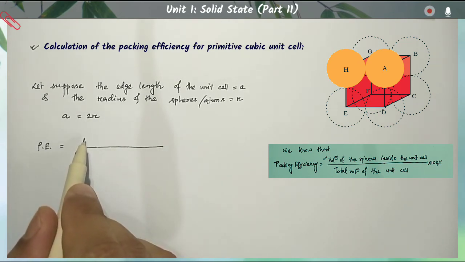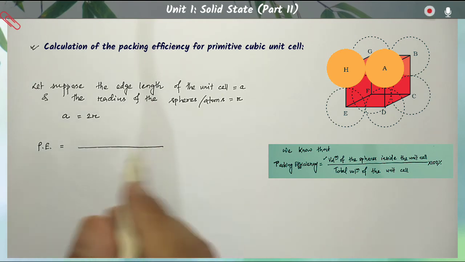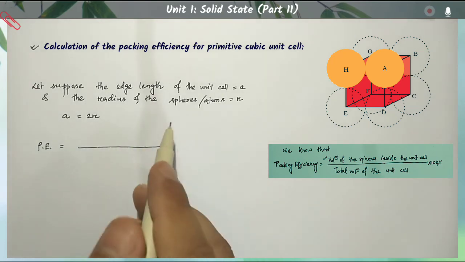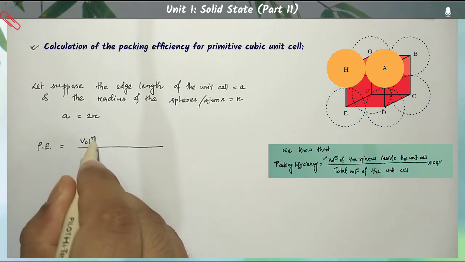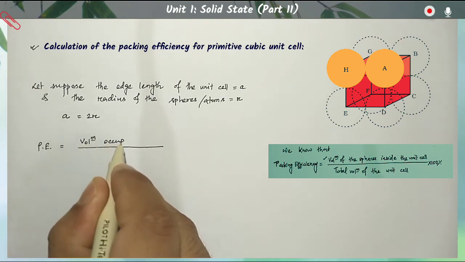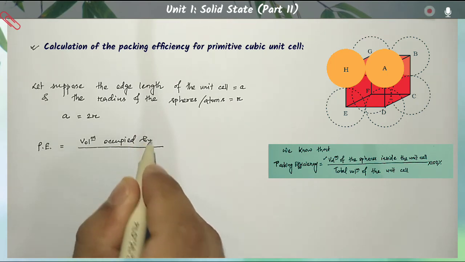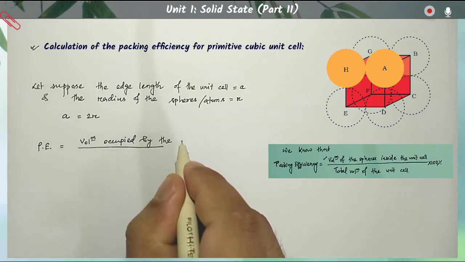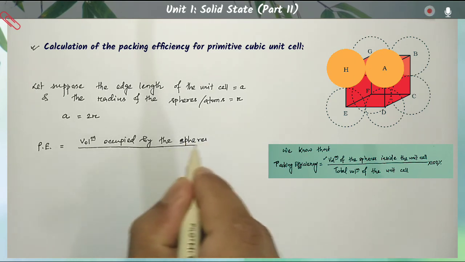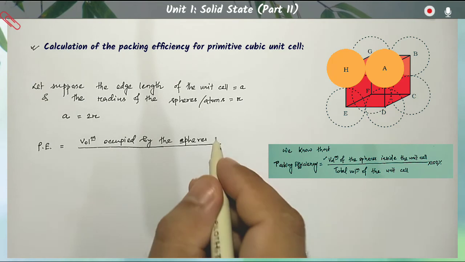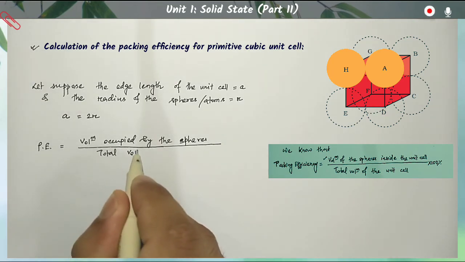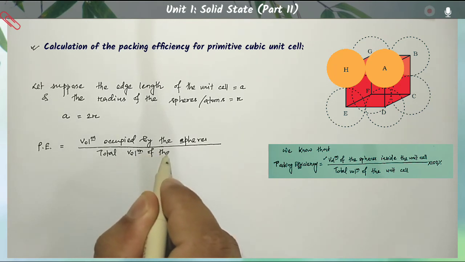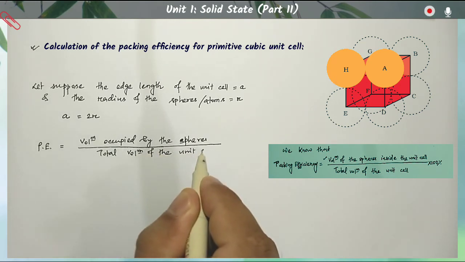The volume occupied by the atoms or spheres present in that unit cell, divided by the total volume of the unit cell.